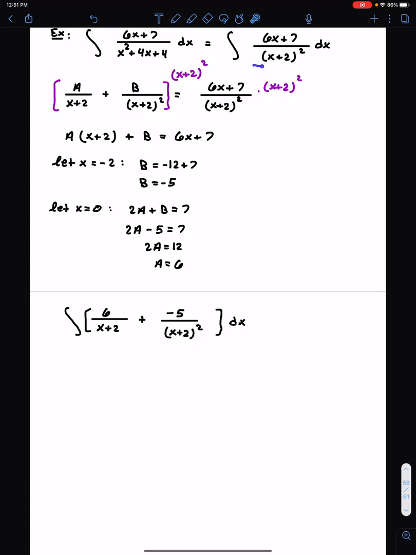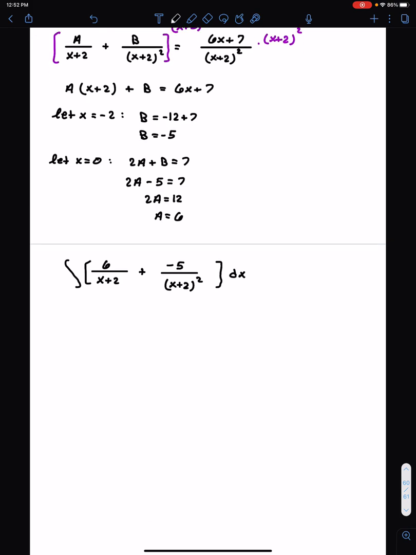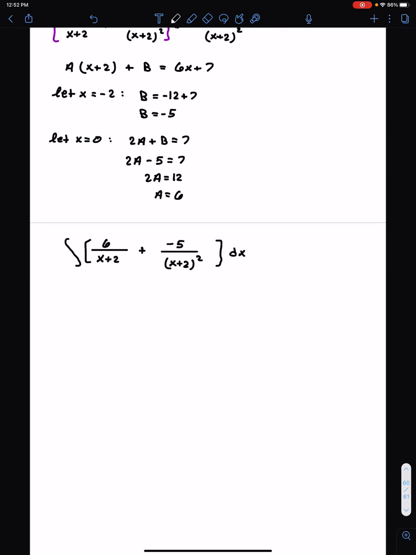And this is equal to this integral here, since I did partial fraction decomposition on that rational fraction.